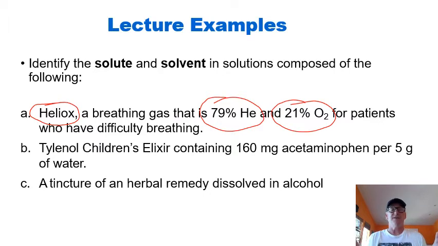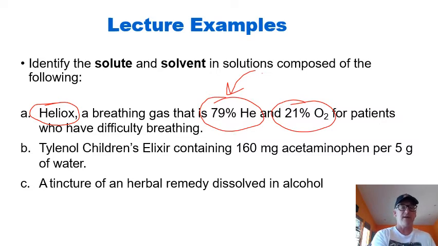But basically all the other gases are replaced with helium. So which one would be the solute and which one would be the solvent? Well, since helium is there in a much higher amount, we would say that the helium is the solvent and the oxygen is the solute.